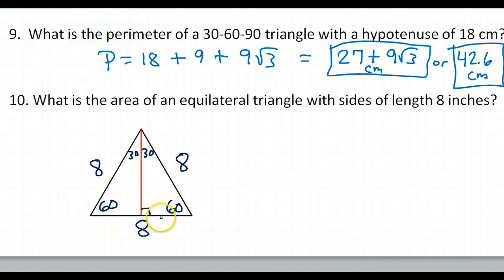Now that we've split it, this is going to be 4 here, and we'll have 4 here. Okay, so this is the short leg. Of course the hypotenuse was double the short leg, which we knew, but also the altitude here should be 4 radical 3. So this will be 4 root 3.